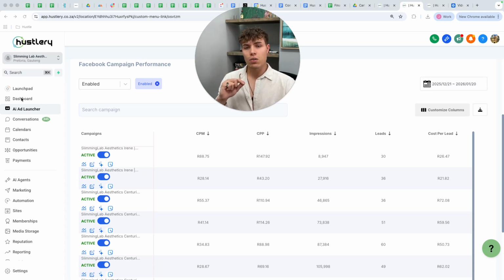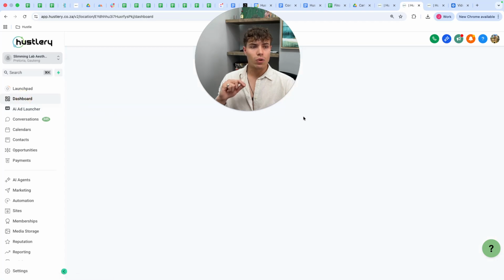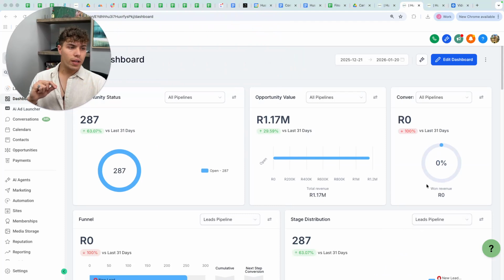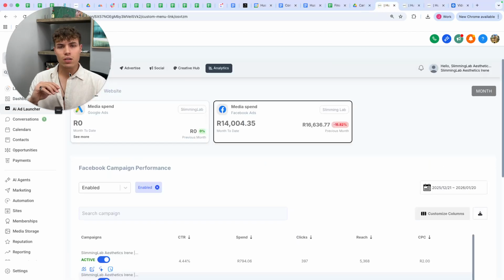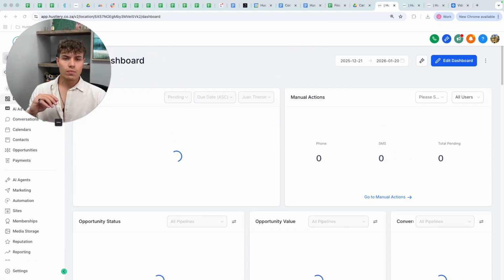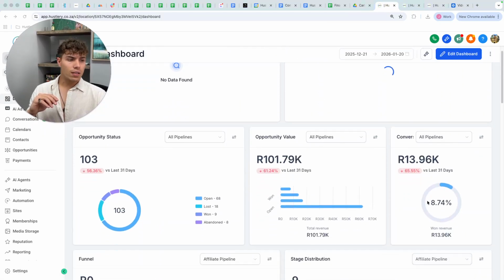If you want to see your conversion rate, you can go to the dashboard over here and your conversion rate will show over here. She doesn't really use her dashboard to track all of her metrics, so I'm just quickly going to show you guys what ours looks like. For instance, ours is 8.74%.